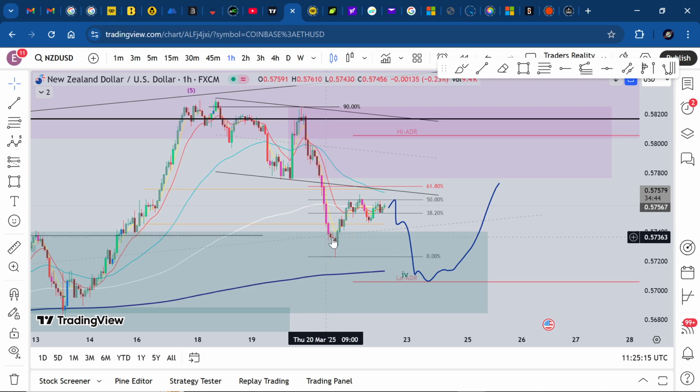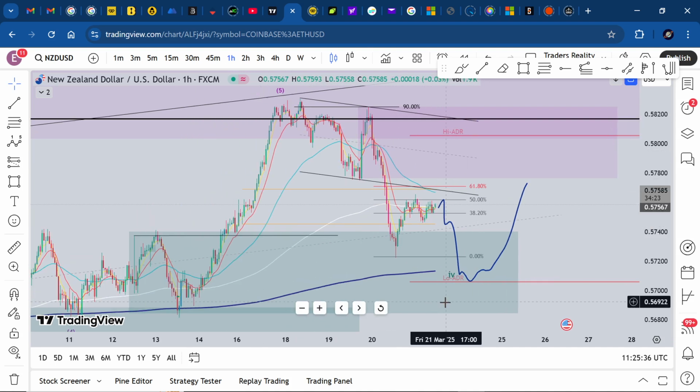But the 4 could be those two candles compared to that 2. Because the 4 is a lot bigger than this 2, it could be just a tiny 4 for that 2. We've got a 1, 2, 3, 4, 5, but that would give us a 1 or an A wave.